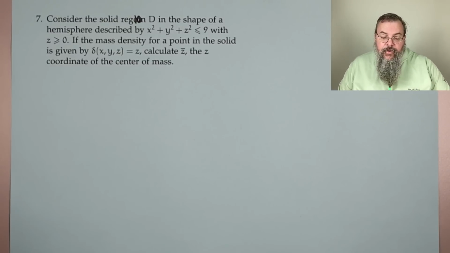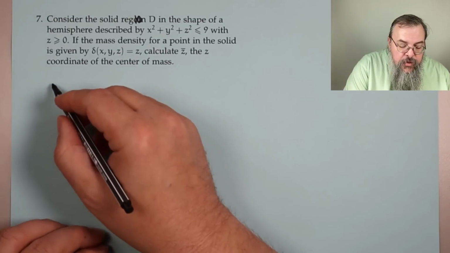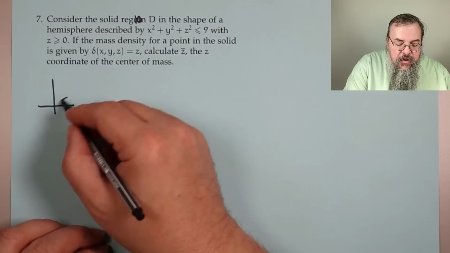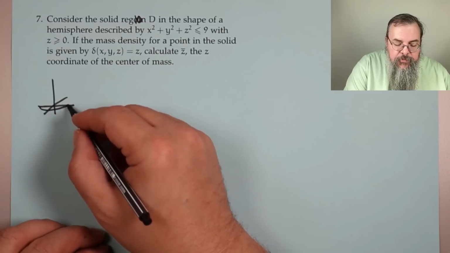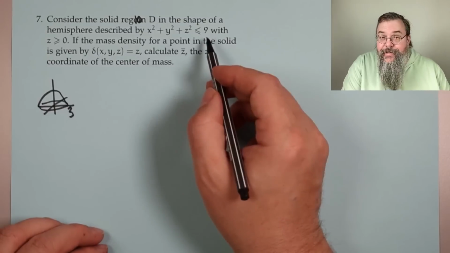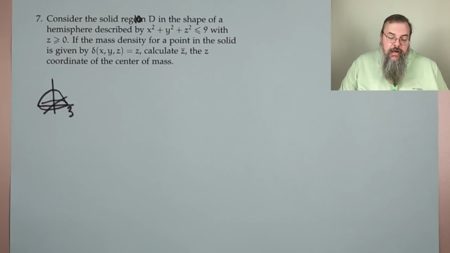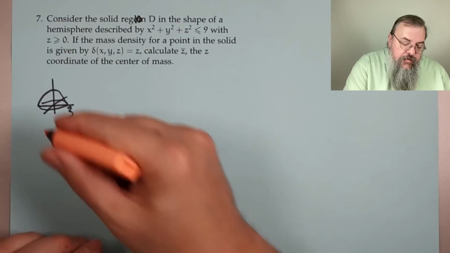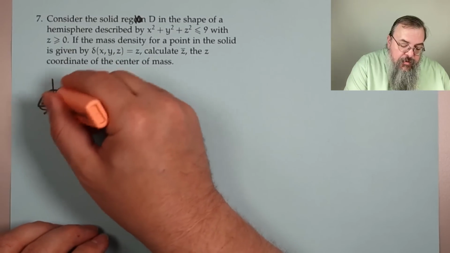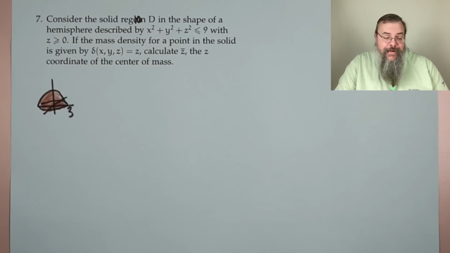All right, cool. Well, so what's our shape? It's the top half of a sphere of radius 3, right? Not radius 9, radius 3. And so, okay, it's a hemisphere. Now, we need to find z bar. We've talked about z bar before, so let's just remind ourselves. How do we go about finding z bar? Well, it's a ratio.